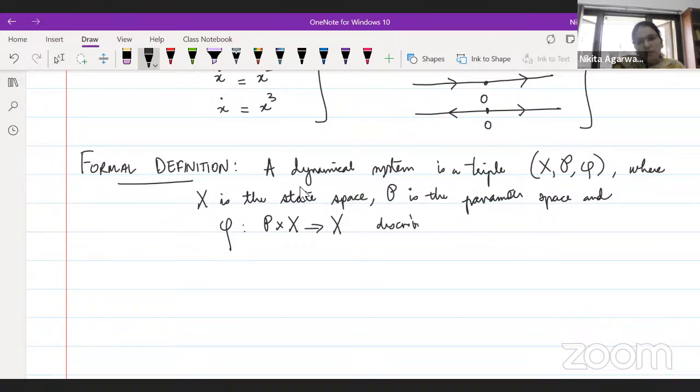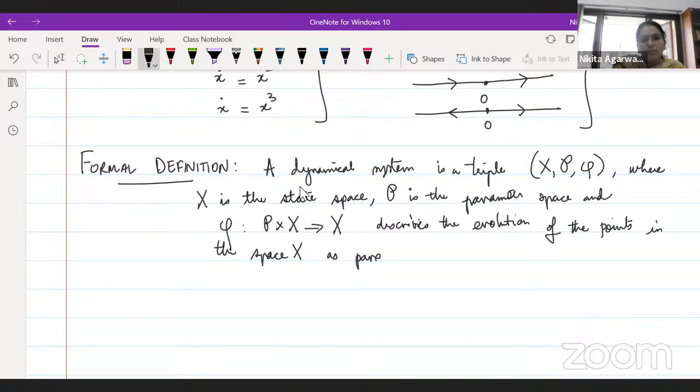which describes the evolution of points in the space X as parameters from the space P change.